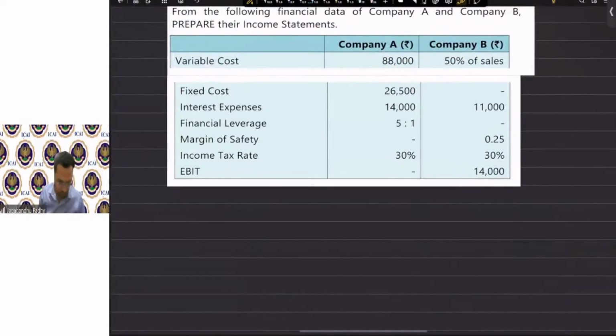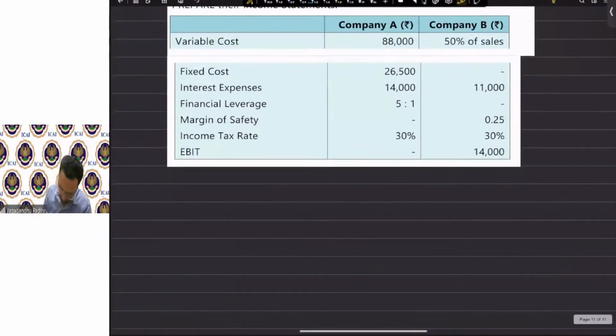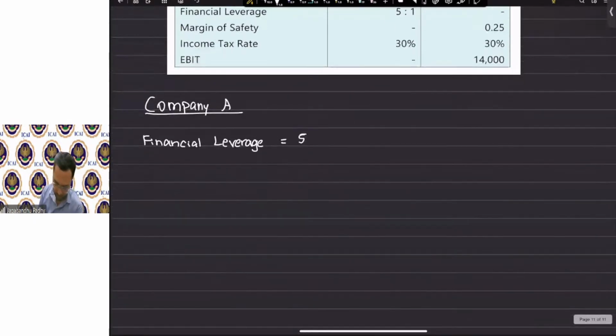Let's begin with the first aspect, which is financial leverage. Financial leverage is given for company A, so let's prepare the income statement for company A first. Financial leverage is 5.